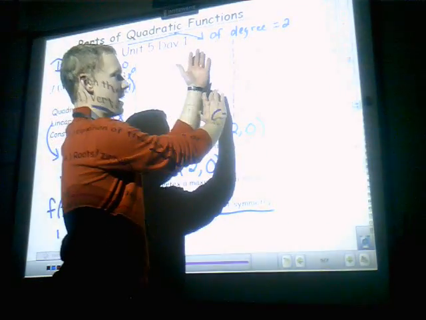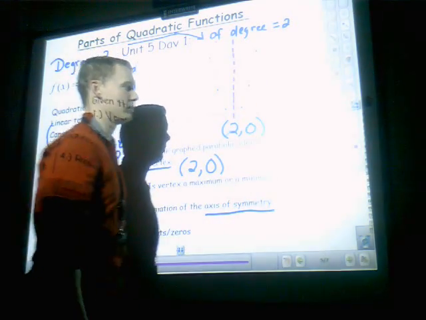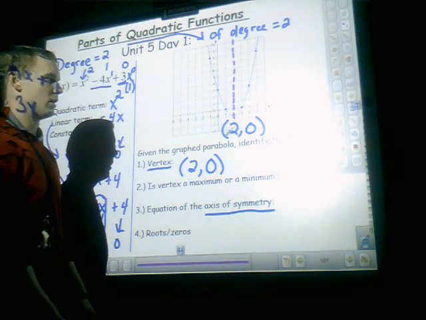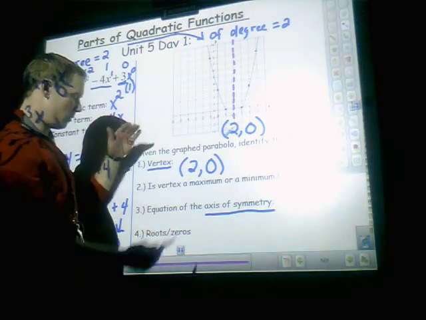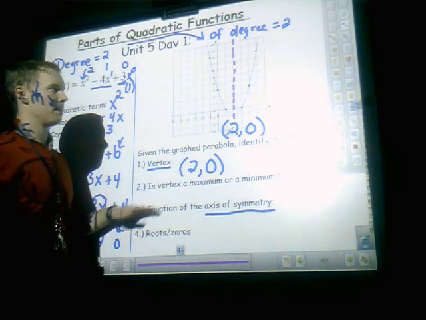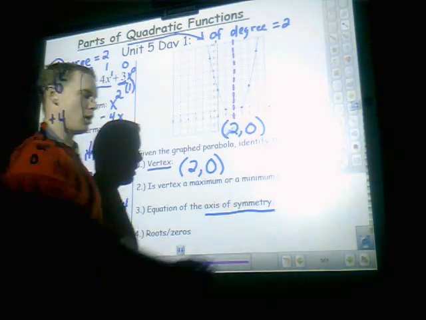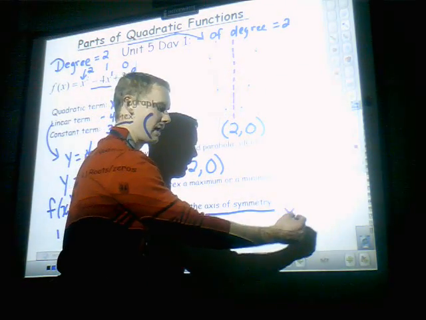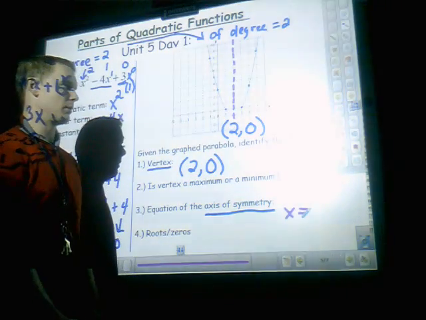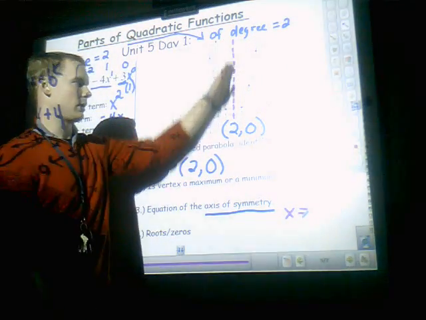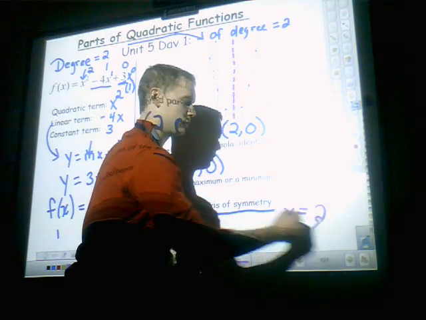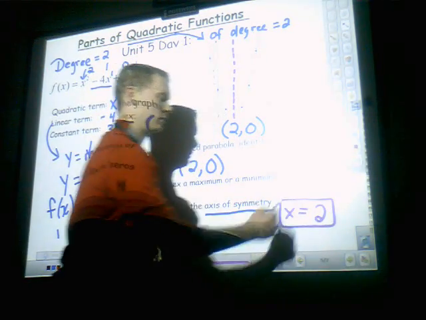In other words, if you took half the parabola and folded it over that axis of symmetry, it would line up exactly on top of each other. So if we maybe even jump down to number 3, that axis of symmetry, remember a vertical line always has the equation x equals some number. In this case it goes through x equals 2. So x equals 2 is your axis of symmetry.